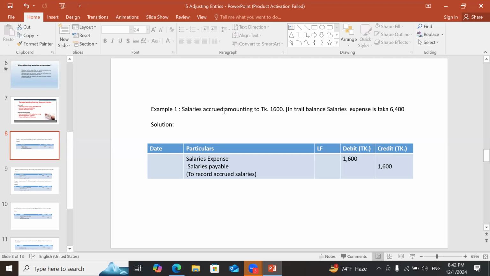So in this situation, the entry is salary expense debit and salary payable credit. The salary will be paid in the future. Not yet. This is example number one. Is it clear?